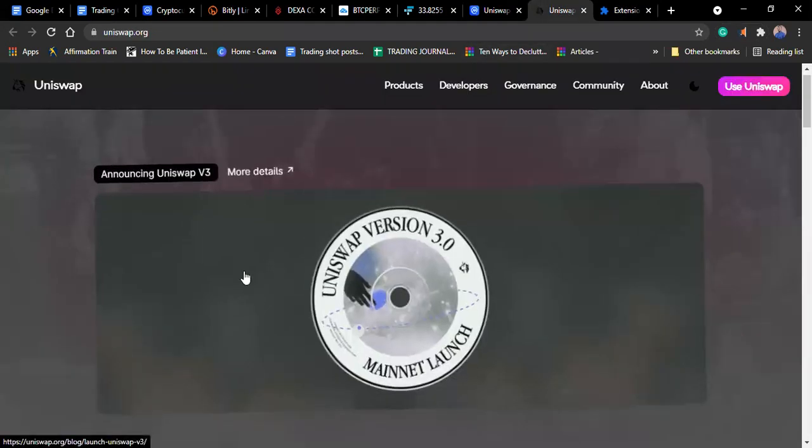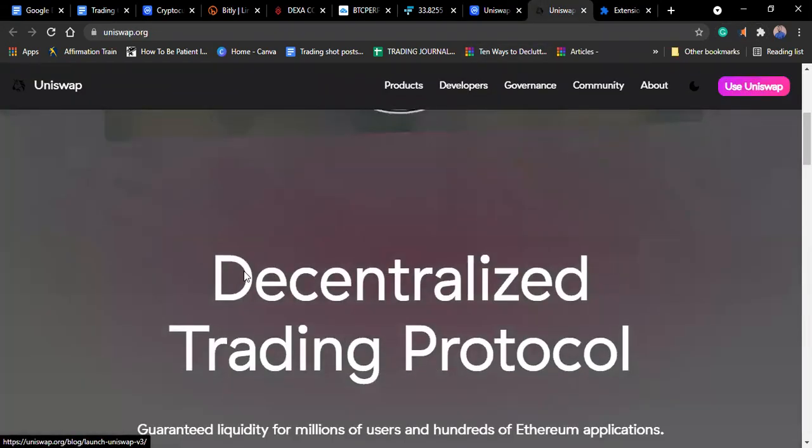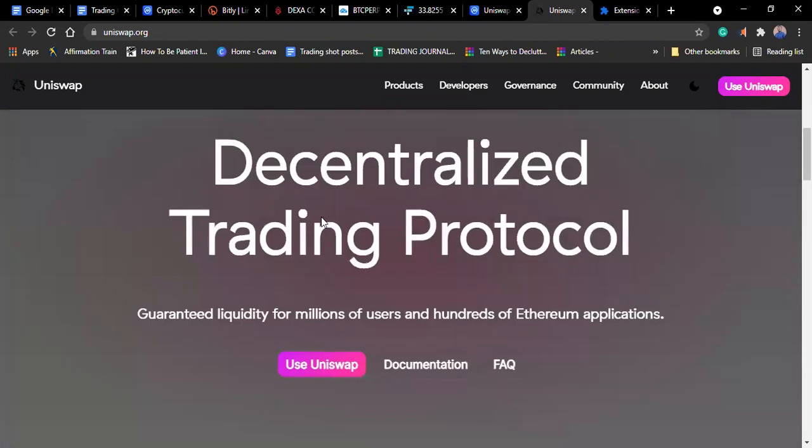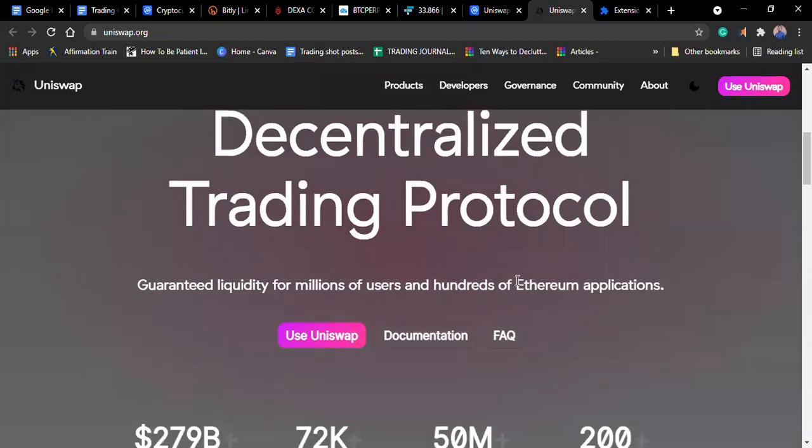So like I said earlier, Uniswap is a decentralized trading protocol. They do a brief introduction about themselves. A protocol just simply means a smart contract or a code, or a line of command. Guaranteed liquidity for millions of users and hundreds of Ethereum applications. Now, Uniswap is built on the Ethereum blockchain.